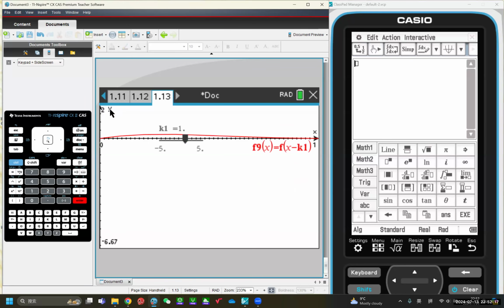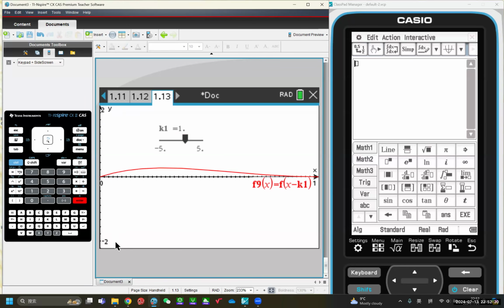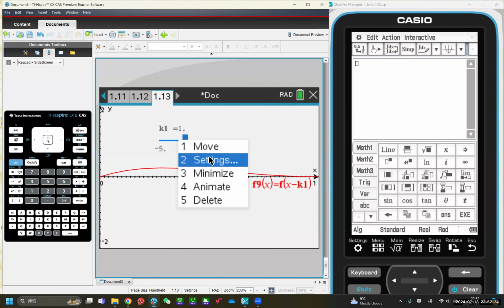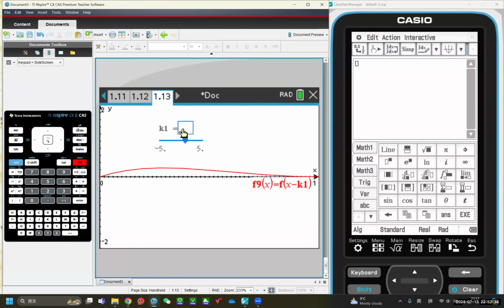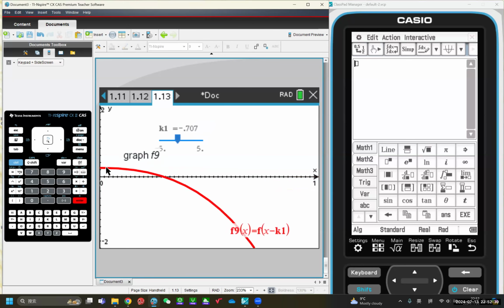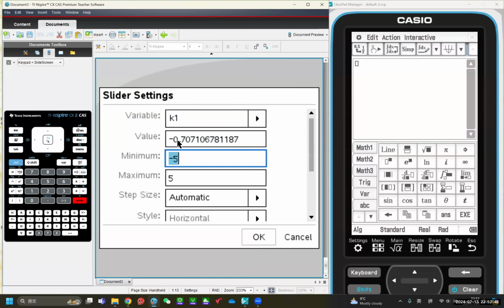Maybe I should use a 2 here and a -2 here. Something like that. Settings. Let's try. -1 over square root of 2. See? When the a value here is -1 over root 2, this is an absolute maximum. And I could make the step size 0.01.